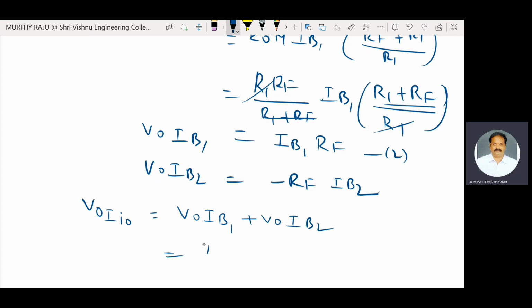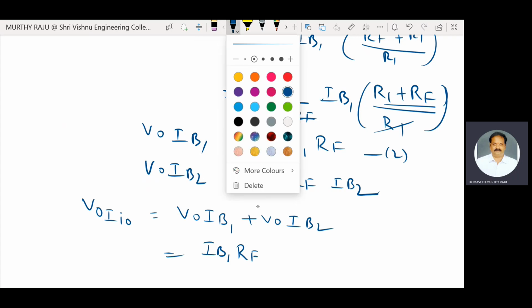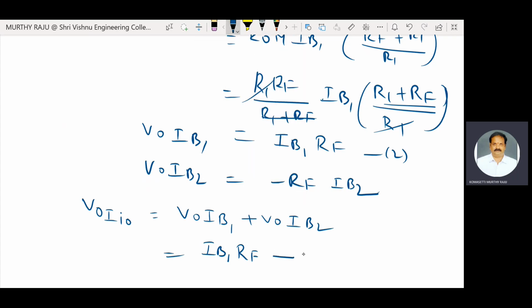V0 IB1 is RF into IB1, plus minus, here not plus, minus RF into IB2.